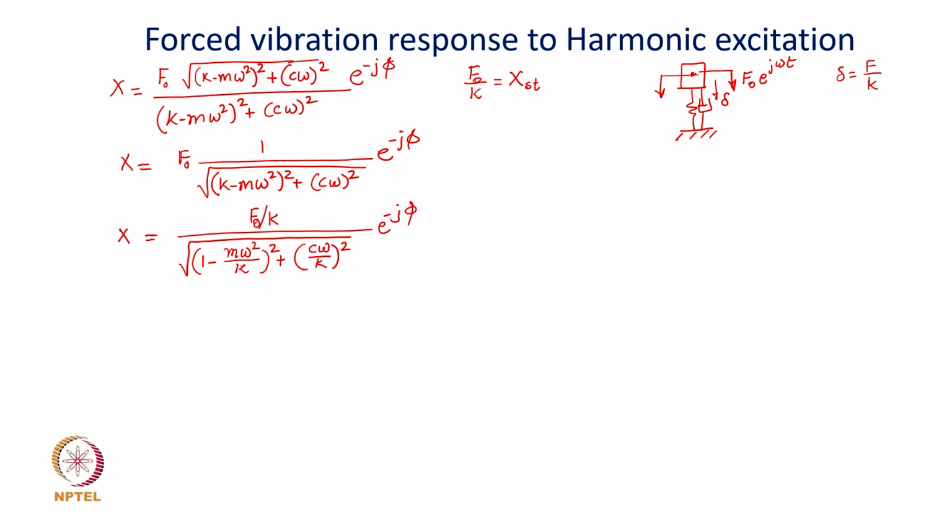Static deflection in the sense that if the force is a static one, the amount of deflection that the mass undergoes under the action of that F naught force is going to be x s t, zero frequency deflection. Zero frequency meaning generally this F naught f of t is a harmonic or fluctuating force. If that fluctuation goes off, it is static, then the mass will deflect by x s t.